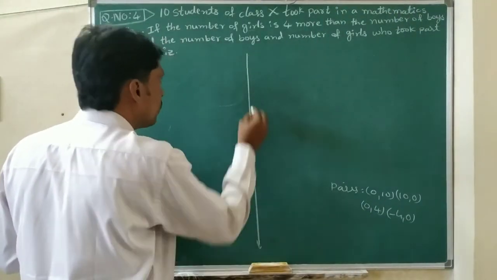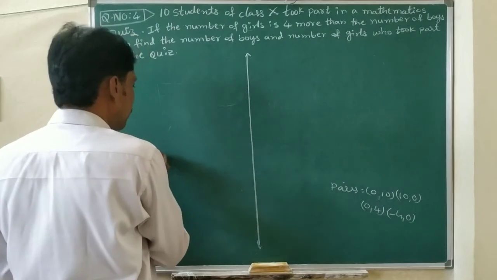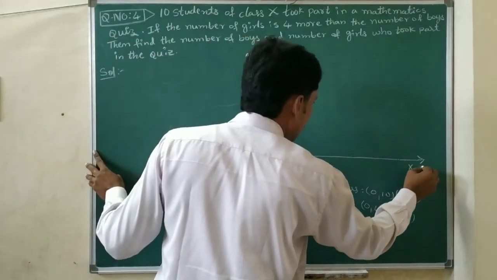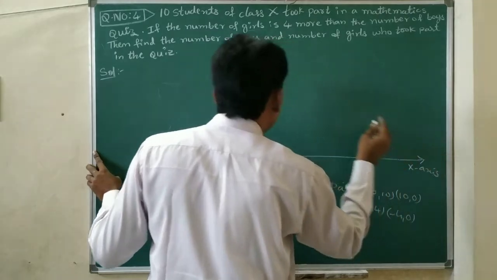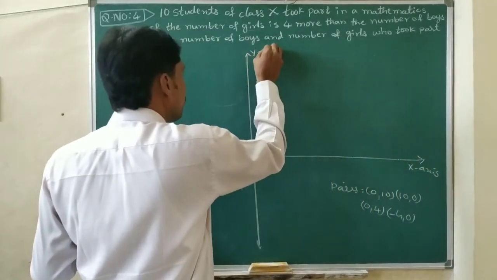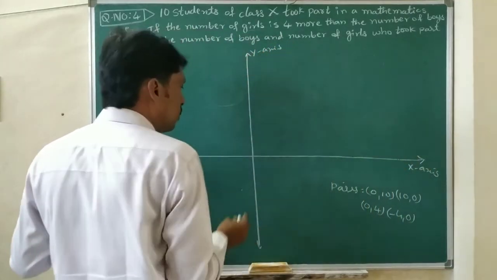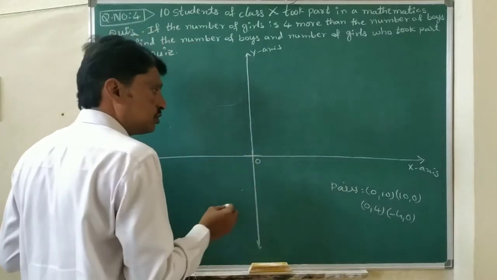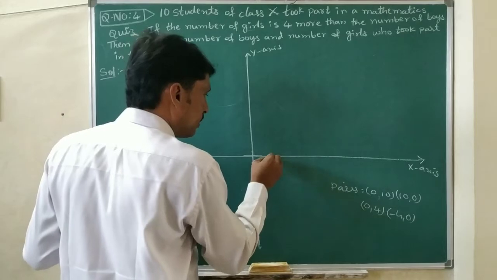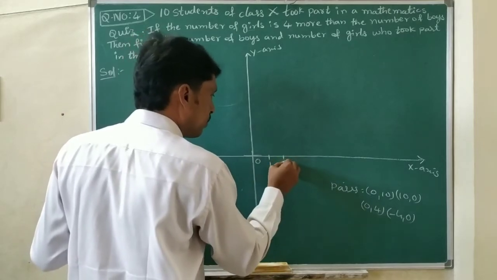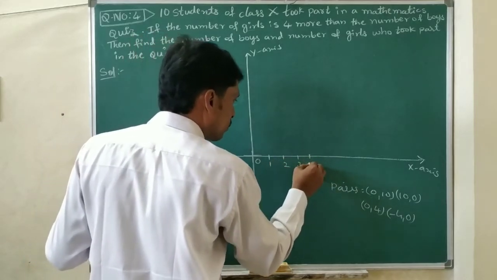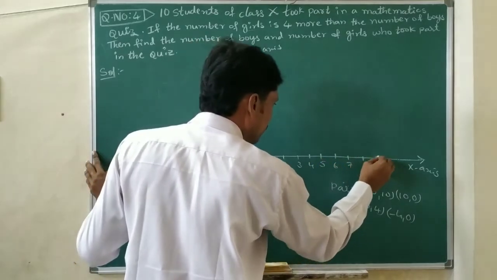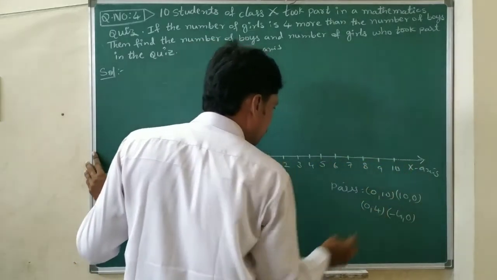Now you can take the graph. This is perpendicular to the base, that we can say the y-axis. This is parallel to the base, that we are taking as the x-axis. Both axes intersecting is the origin (0, 0). To the right side of 0 are positive values 1, 2, 3, 4, 5, 6, 7, 8, 9 and 10.